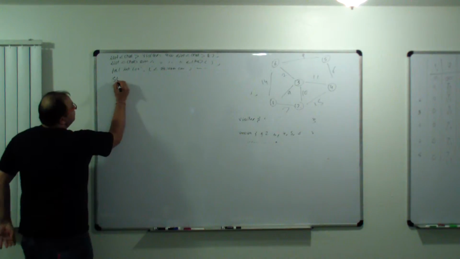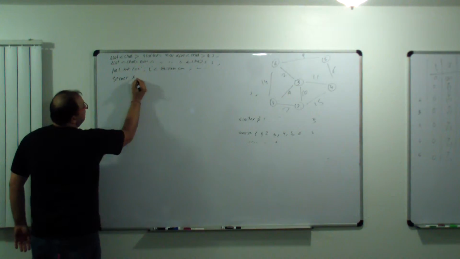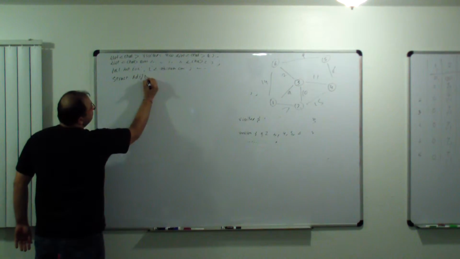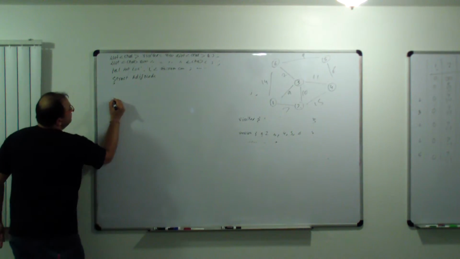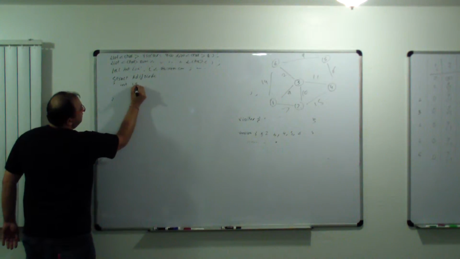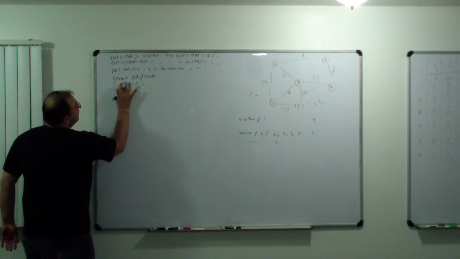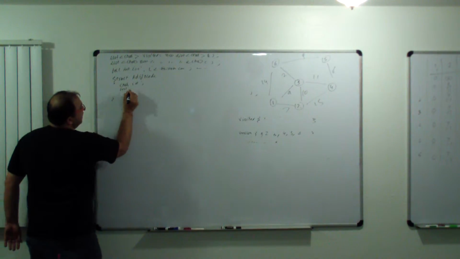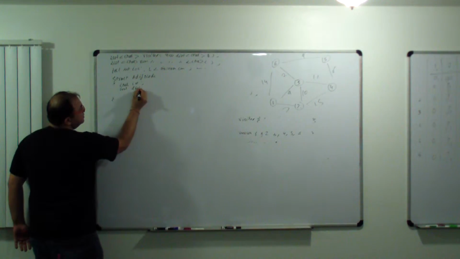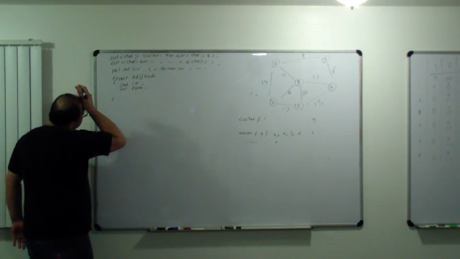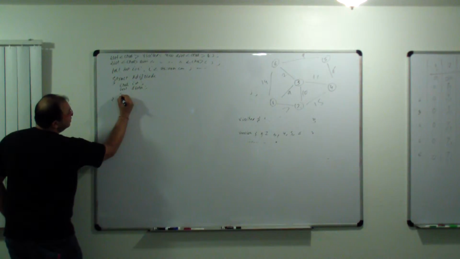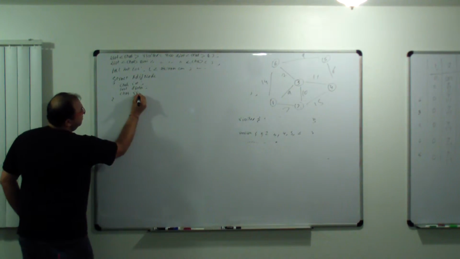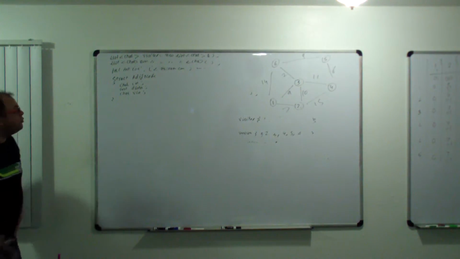We will have a structure, a Dijkstra's node. This structure will have integer ID, char ID, integer distance, and char via, or from.